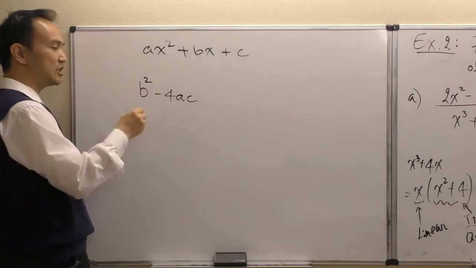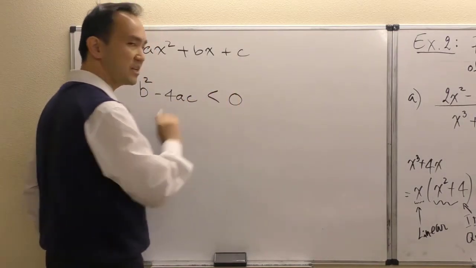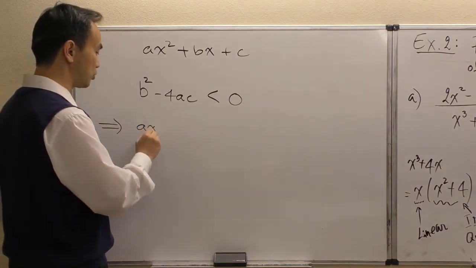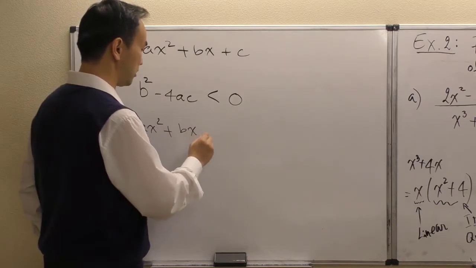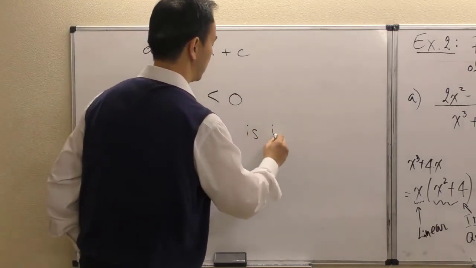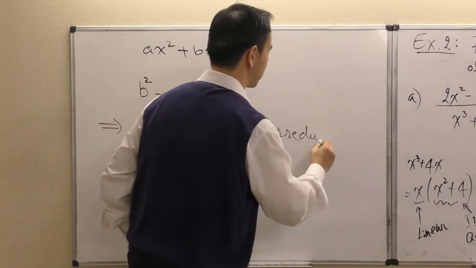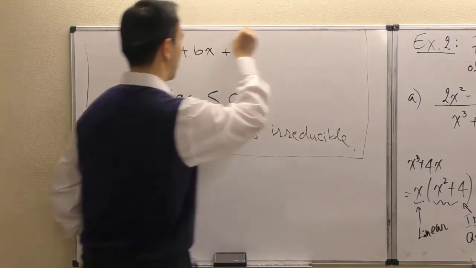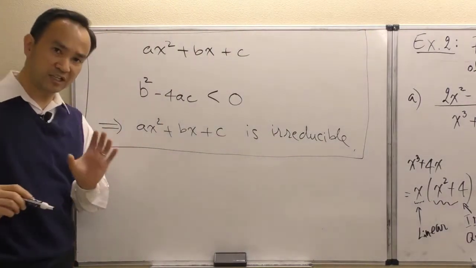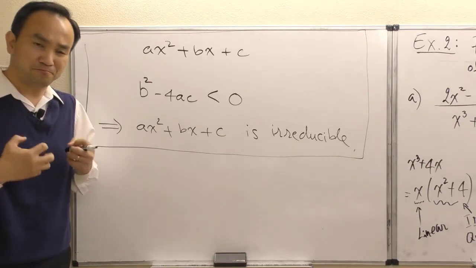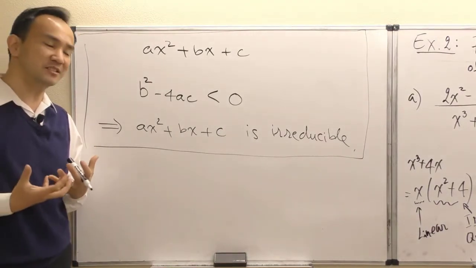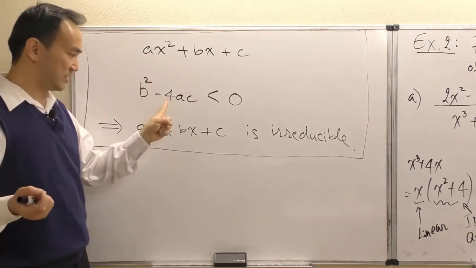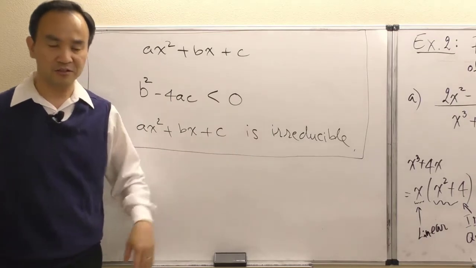As long as this b squared minus 4ac is a less than 0 quantity, that will lead to your quadratic ax squared plus bx plus c being irreducible. That's one general guideline, and it works anywhere, anytime. That's how you can firmly determine whether any given quadratic is irreducible, meaning no further factorable.